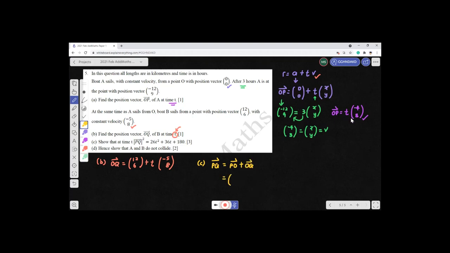OP is this. So PO, it will become positive 4t from negative, and negative 3t from positive 3t, because the position changes, right? Plus the OQ, which is basically everything here. So you just write them in one matrix, then you add them together to get the answer.